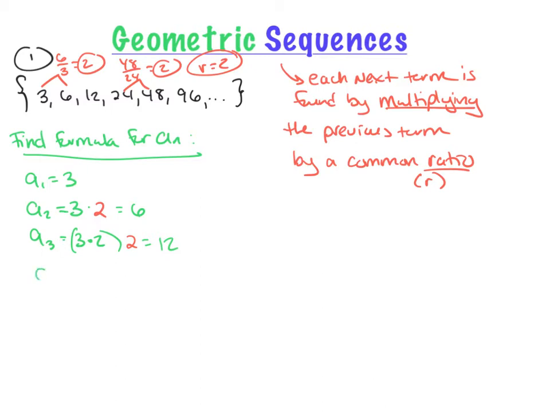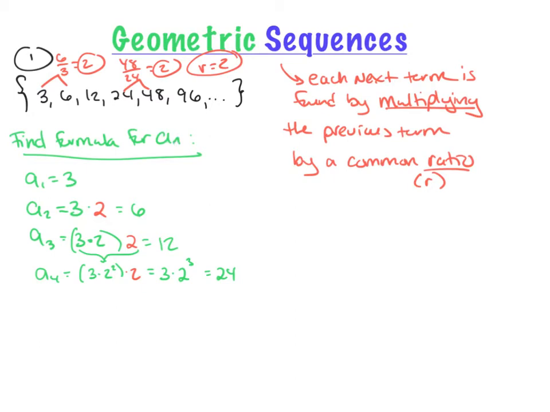Okay, the fourth term. We have 3 times 2 squared, if we're looking at the previous term, multiplied by another 2, another part of our common ratio. I'm going to write this as 3 times 2 cubed before I write it as just 12 times 2, which is 24. Because remember, my hope here is that we see a pattern, we can find a formula for our nth term.